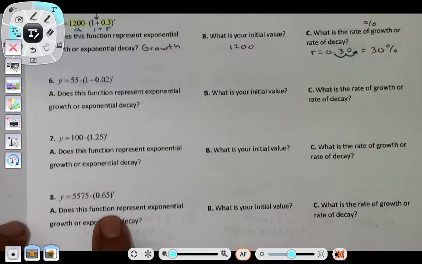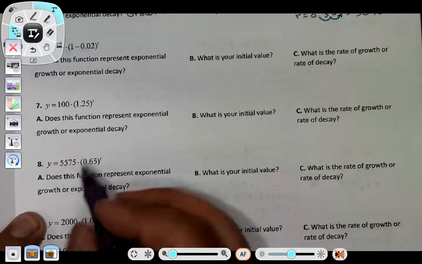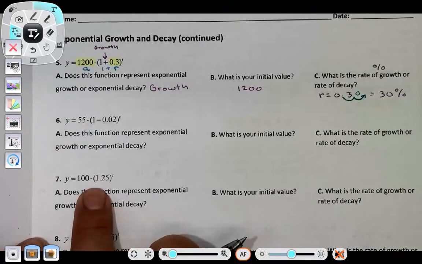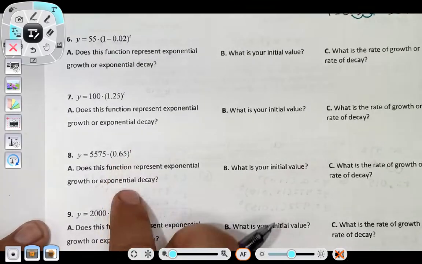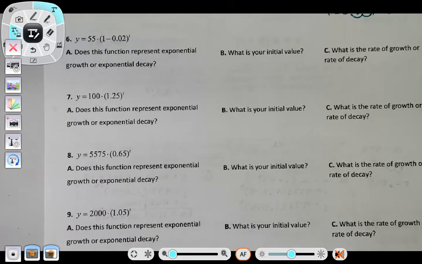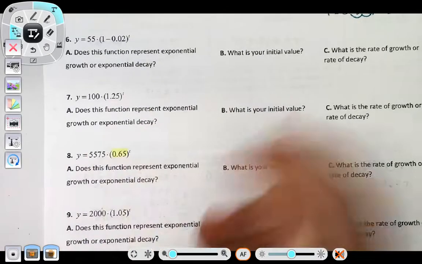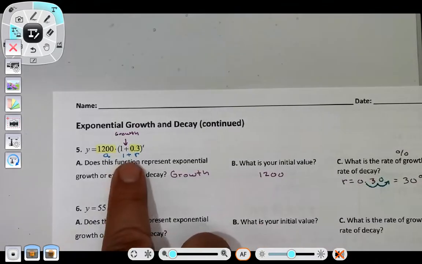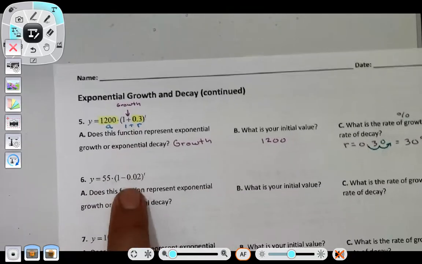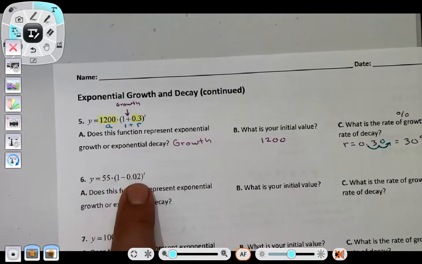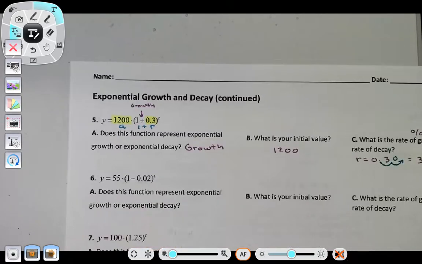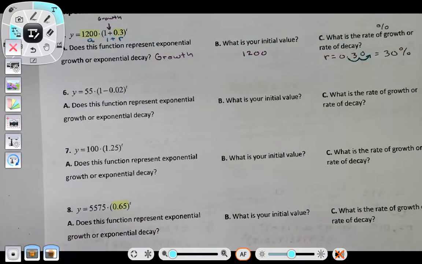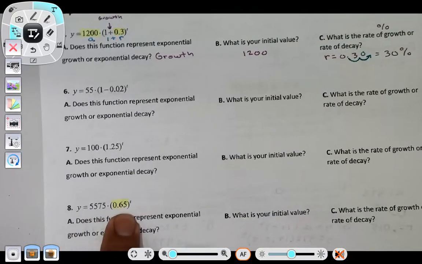Now, there is another one I want to do with you here. I want to do number 8 with you, because if you notice, this thing doesn't have a plus or minus. Now, neither does number 7. But I want to show you one of these. So when I look at this number, the mistake that people make is they go, oh, that's the R. It is not the R. It's only the R if you see it with a plus sign. See, this one here has a minus sign. Yeah, that's your R. This one, though, this is smaller than 1.